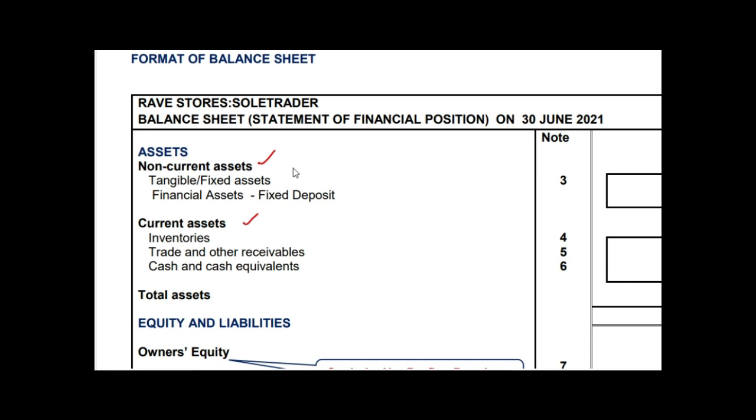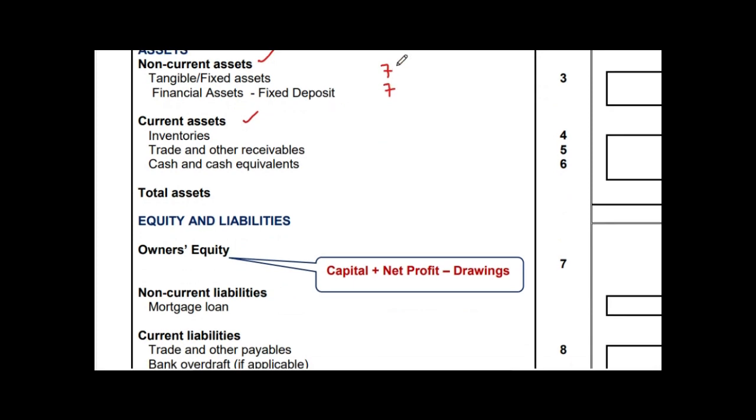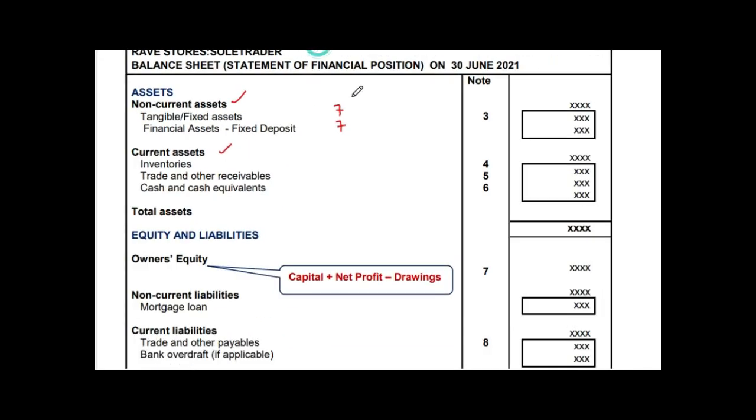And then under non-current asset, we'll have our first F and our second F, which is our fast forward. The first F will be our fixed asset, and then our second F will be our fixed deposit.